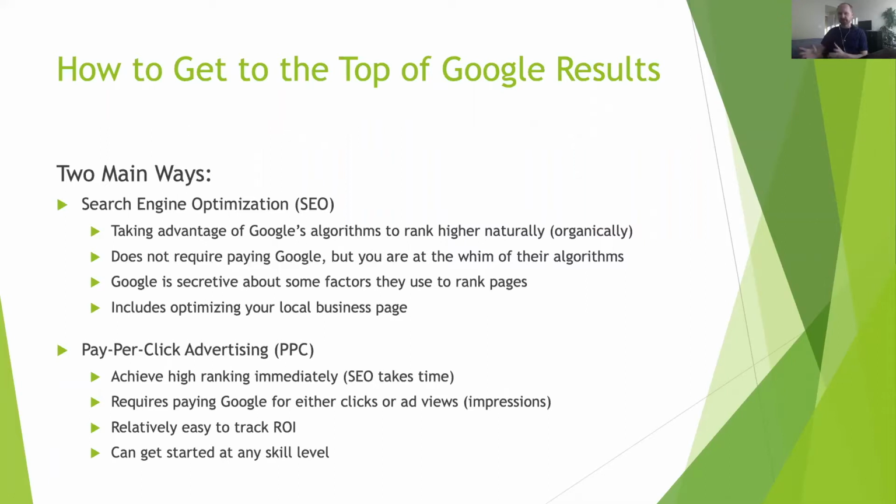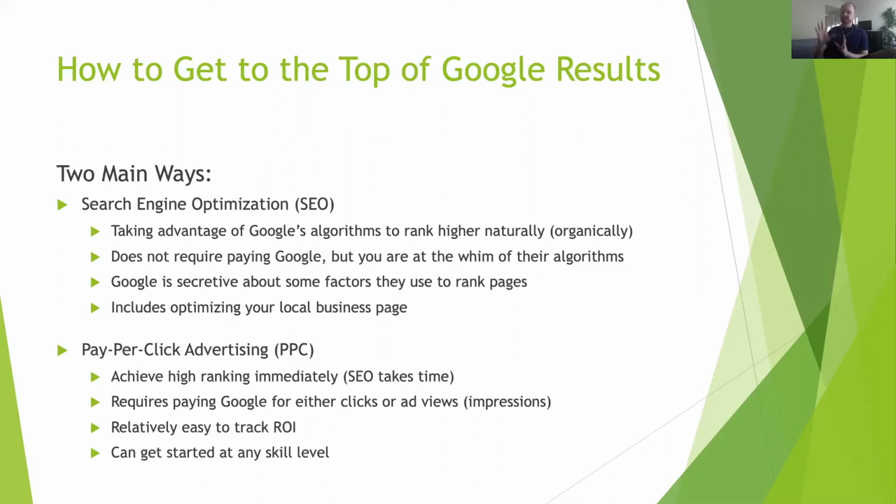Some of those things, like links that are coming back to your website, are a pretty big factor that Google looks at. Where are those links coming from? Are those reputable? So an activity that can be done in search engine optimization, amongst other activities, is building up links that go back to your website.